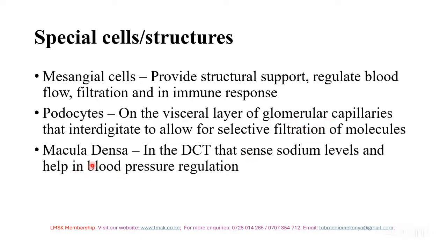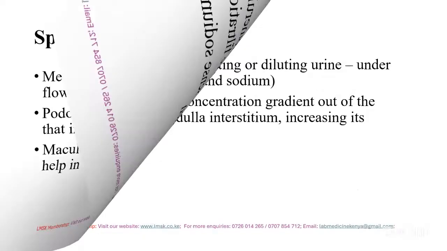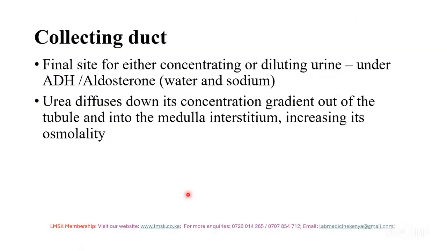Then there is the macula densa, which is also at the distal convoluted tubule and senses the sodium levels and helps in blood pressure regulation through the hormones that are involved in the distal convoluted tubule. Now, the collecting duct is the final site for either concentrating or diluting urine under ADH or aldosterone hormones. And urea diffuses down its gradient out of the tubule into the medulla, increasing its osmolality.